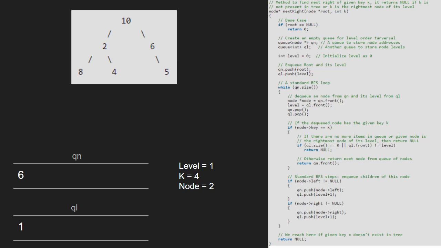So, first we push the left child of node 2 which is 8 into Qn. Now, we push level plus 1 into Ql. So, 1 plus 1 which is equal to 2 will be enqueued. Next, we enqueue the right child of node 2 into Qn and level plus 1 into Ql.